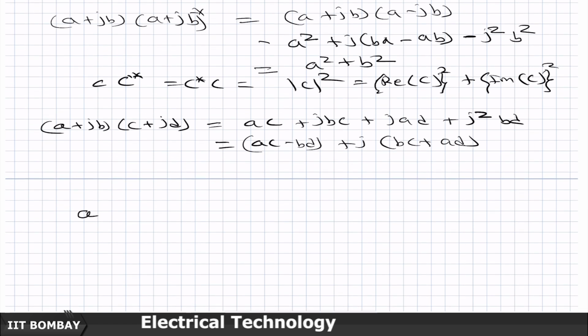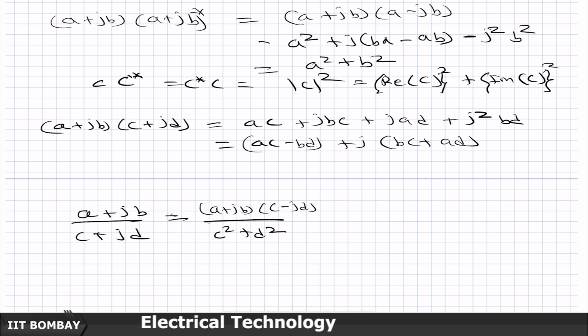So, suppose I do a plus j b divided by c plus j d, then the correct way of doing this is to multiply first the denominator by its complex conjugate, which makes it c square plus d square, and also the numerator by its complex conjugate, which is, complex conjugate of c plus j d is c minus j d, and then expand it.